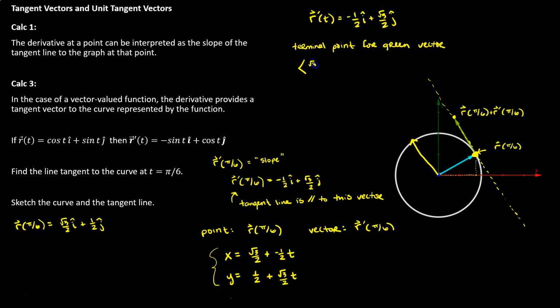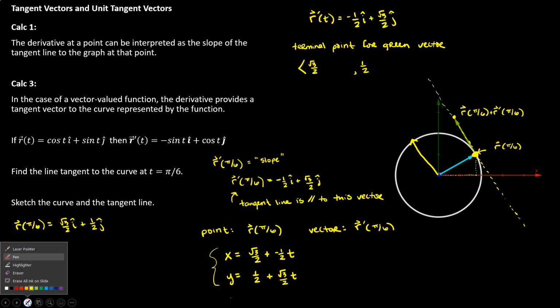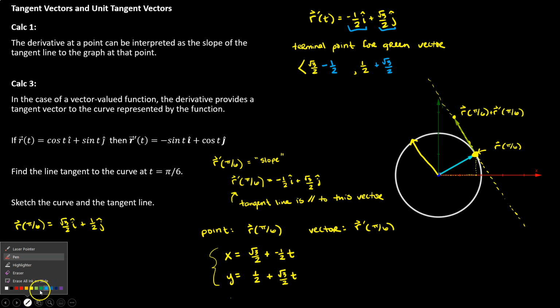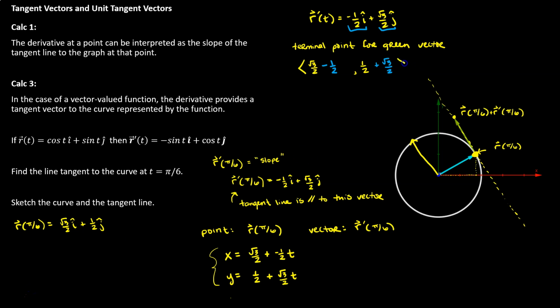So I'll have √3/2 in the x direction, 1/2 in the y direction, and I add to that the components from the tangent vector. So plus the -1/2 in the x direction and plus √3/2 in the y direction. That would be the terminal point for the green vector here.